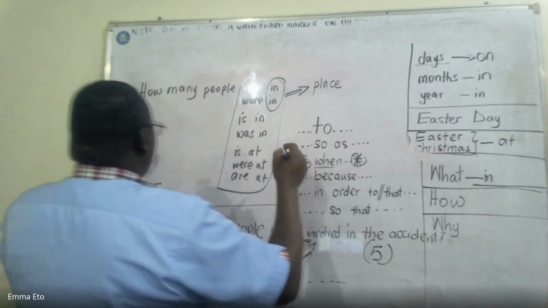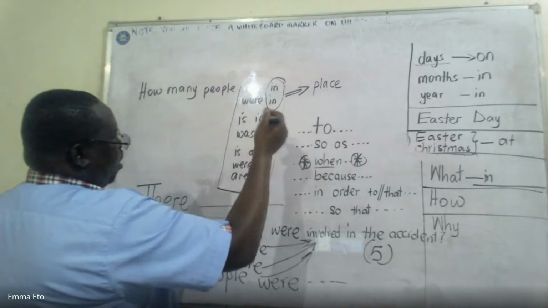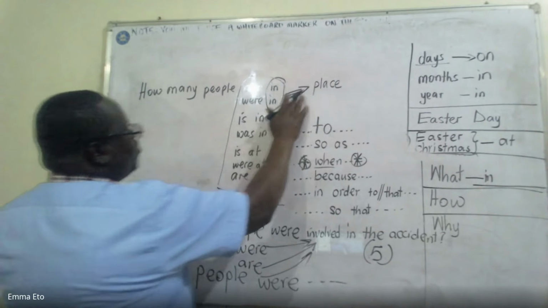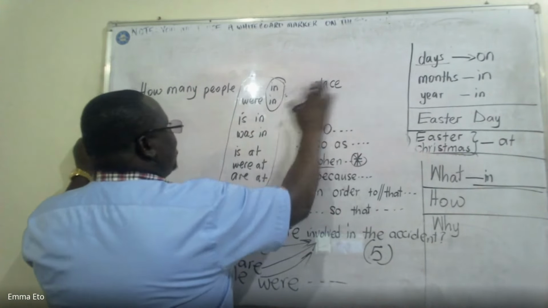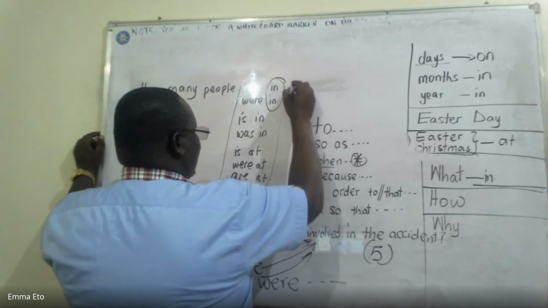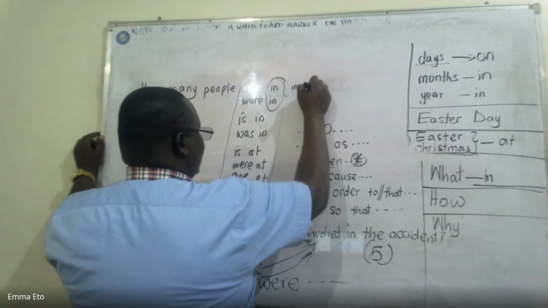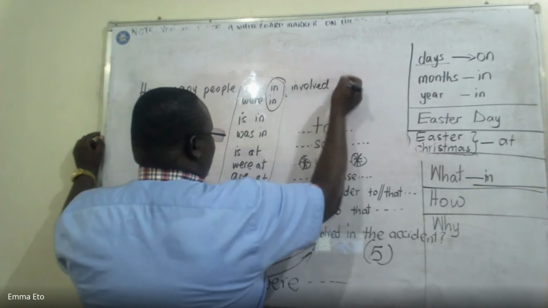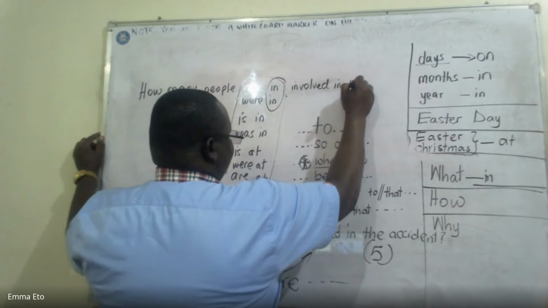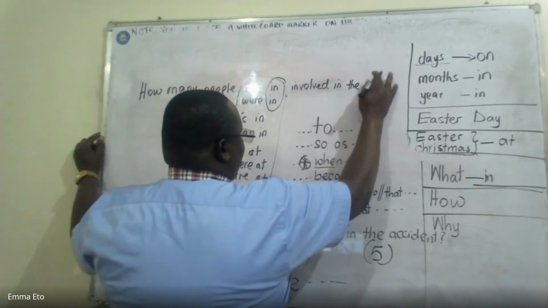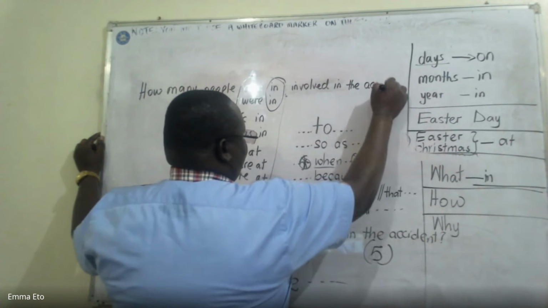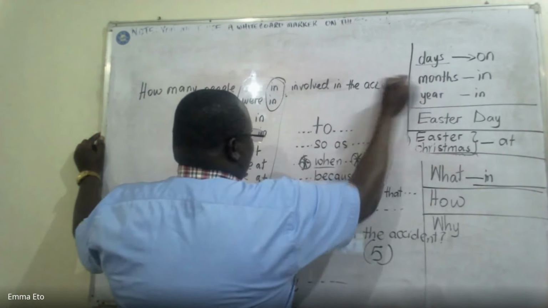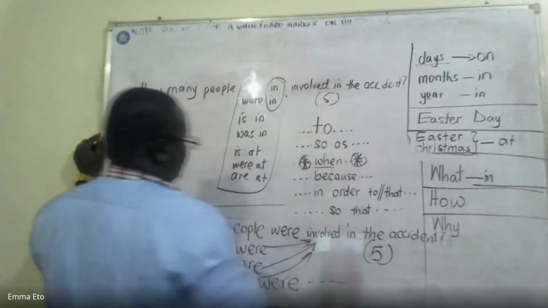Here, how many people are involved in the accident? Are involved in the accident? And still we have the idea of 5.